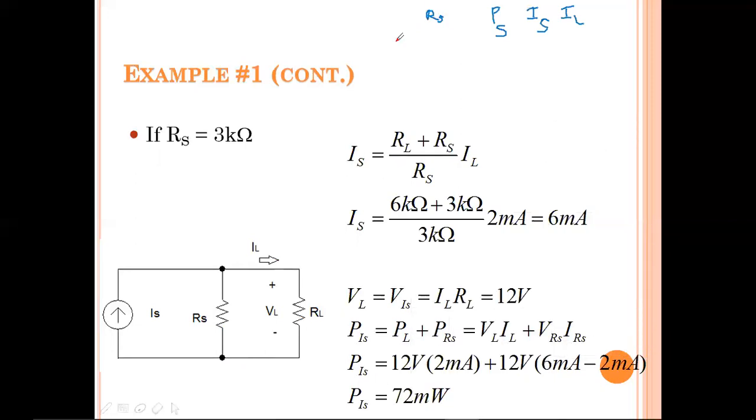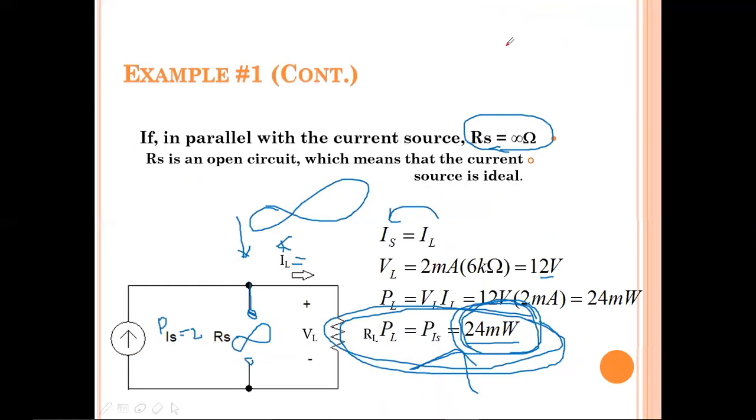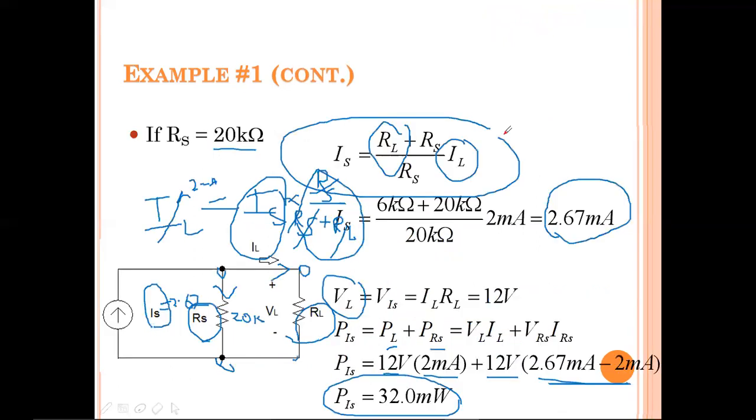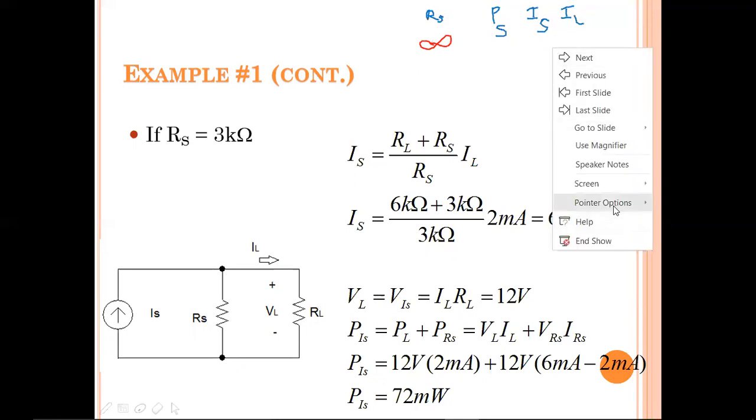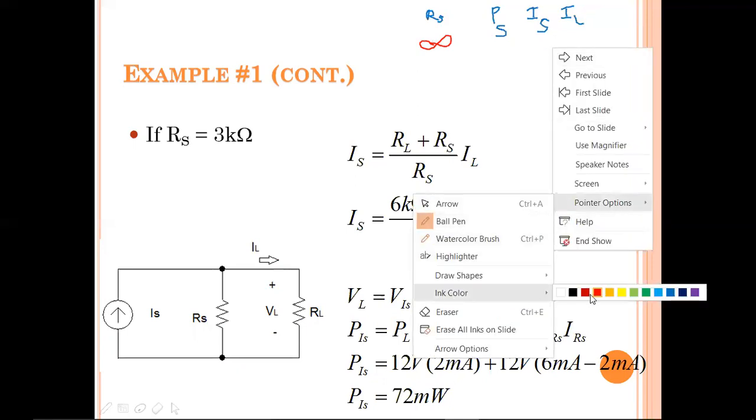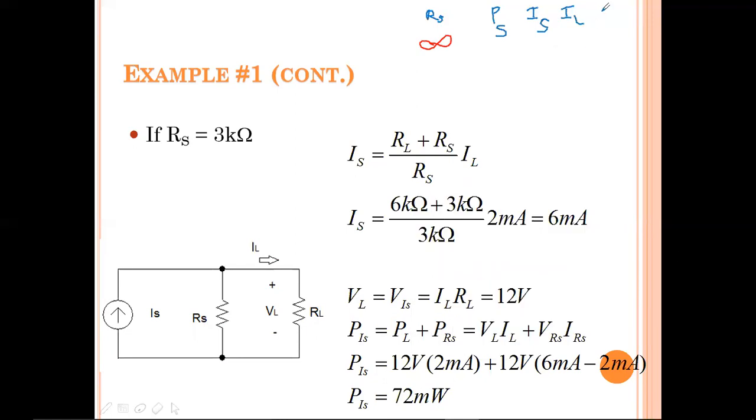Right, so in case one, I took it as infinity. For infinity, my input power is the same as output power, 24 milliwatts. Let me add my output power also, P out.